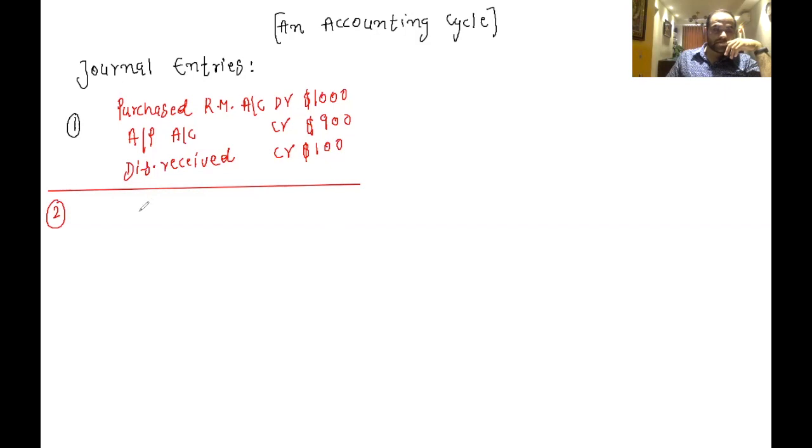Yes. Cash account credit. Yes. So land account debit and cash account credit. Amount is 2000. Number 2 is finished.